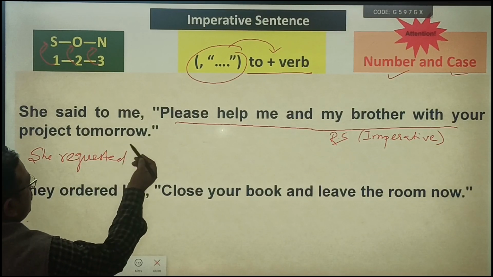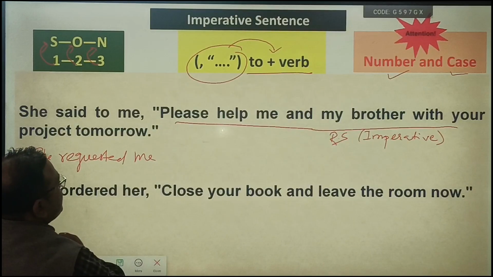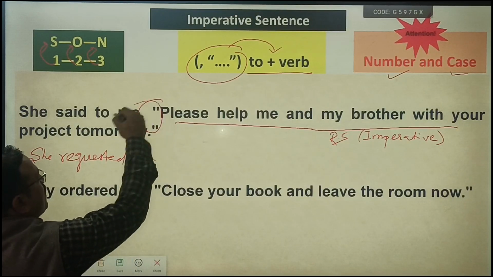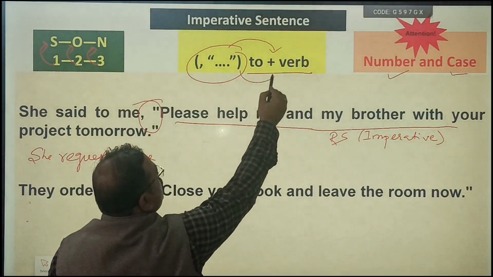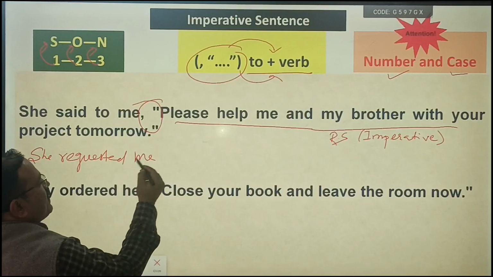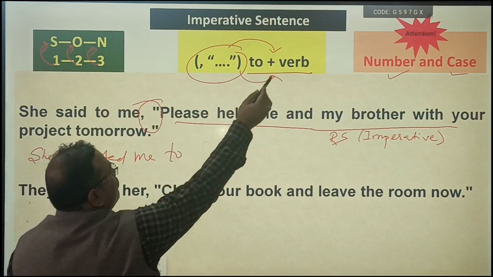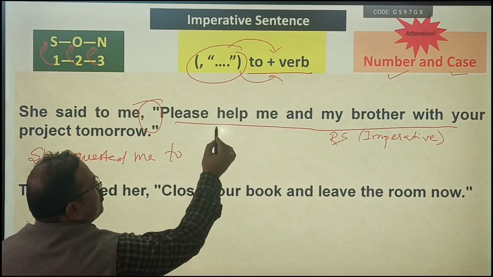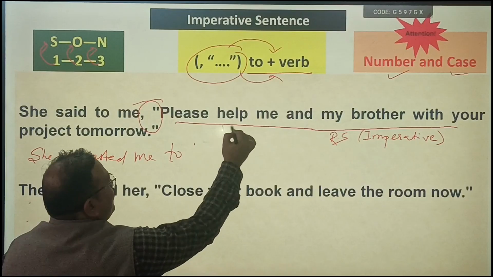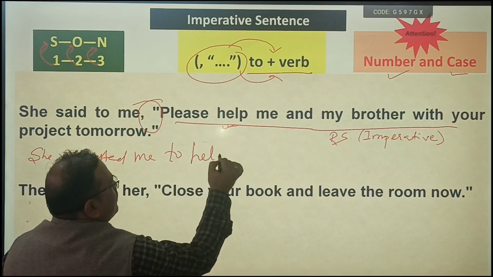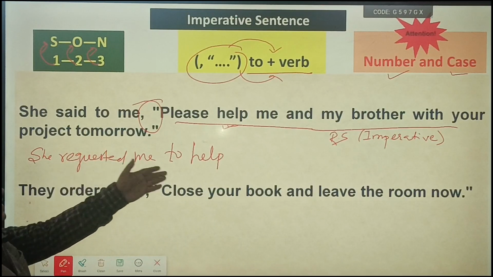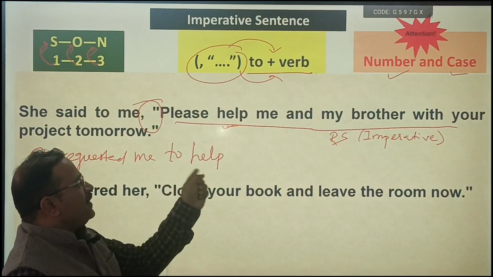After request, don't use to. She requested me. Now, in place of inverted comma, what we have to use? To plus verb. She requested me to. Then verb. Please help. So, help is the verb. So, to help. Very good. She requested me to help. To plus verb. Help.